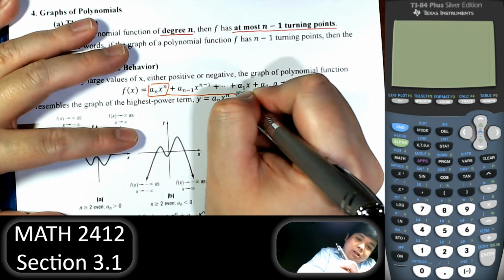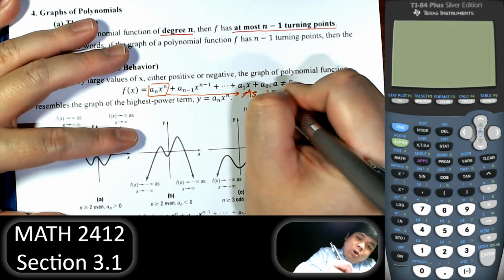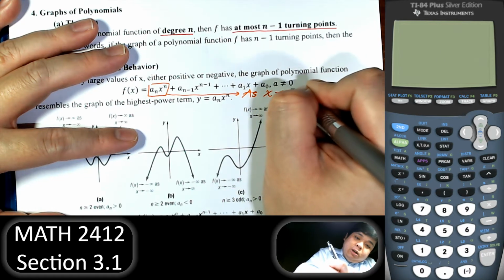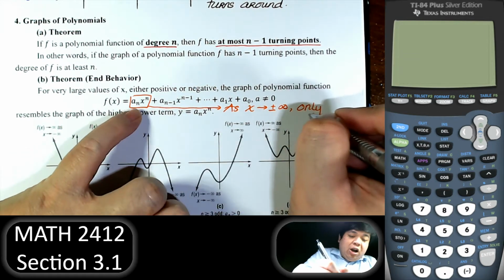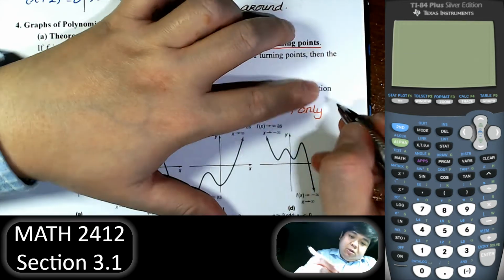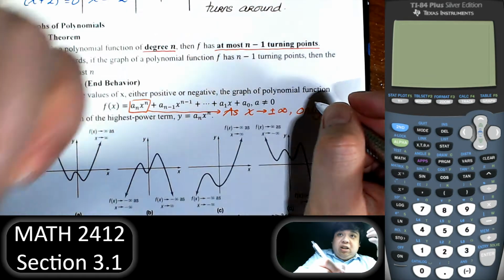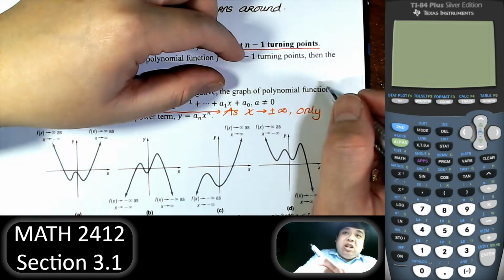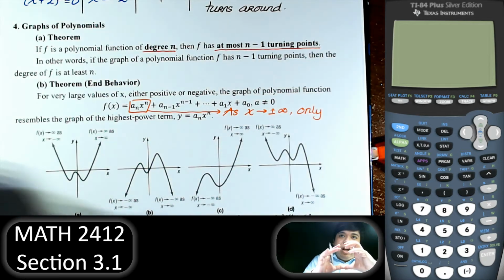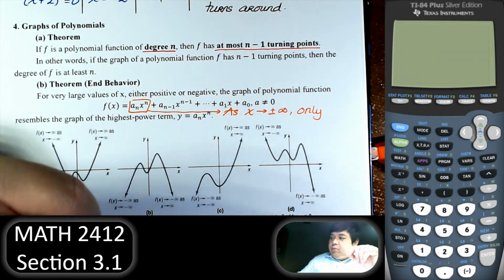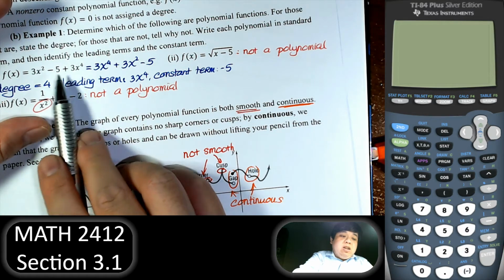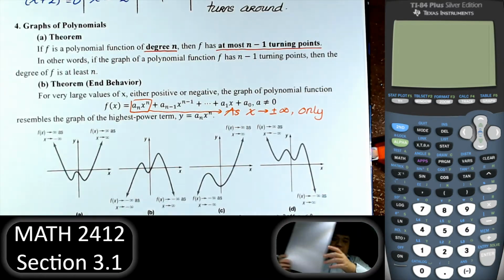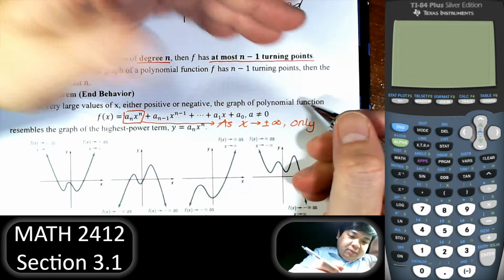So let me write this. As x goes to infinity or negative infinity, only the highest power term matters. I'm not saying the leading term, because sometimes it is not in the standard form. Whatever has the highest power matters, wherever that is. We might have something like this, where the highest power term is not leading the polynomial, so it's not in the standard form.